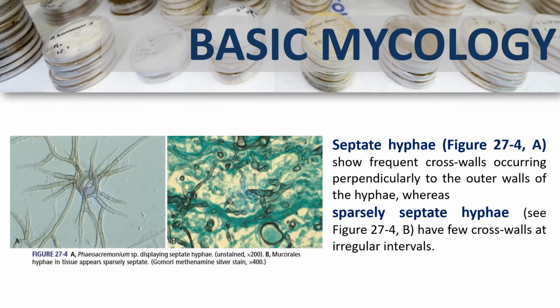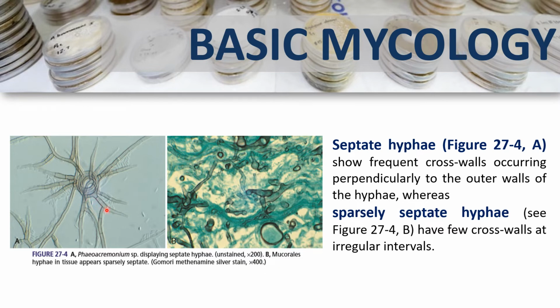Next, class, you have your septate hyphae and sparsely septate hyphae. So, what's the difference between the two, class? So, the common between the two is that they are septate. Okay? The difference between the two, class, is the manner of the cross walls or the septum. For example, pag septate hyphae, class, the pattern of the septation is constant. So, for example, at least almost the same yung septum niya, class.